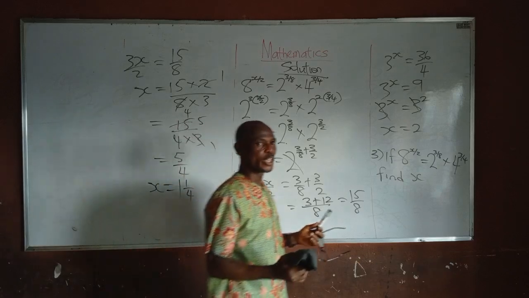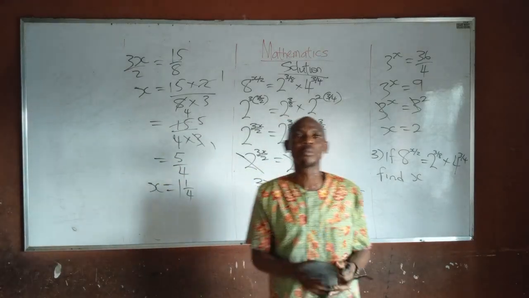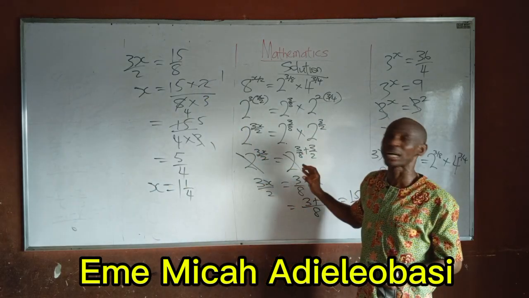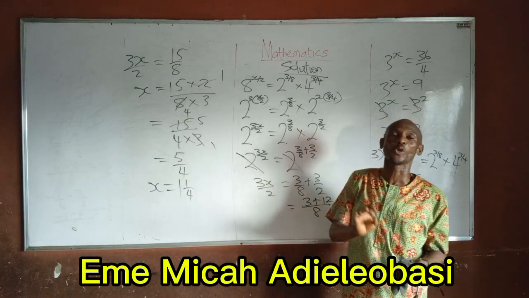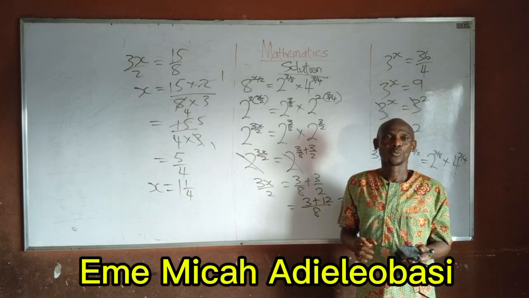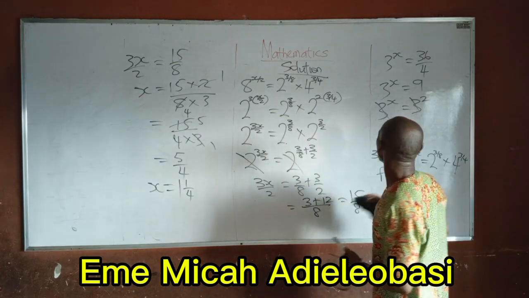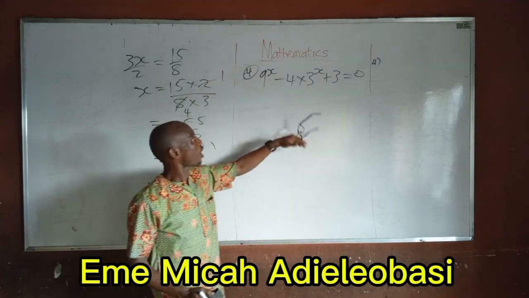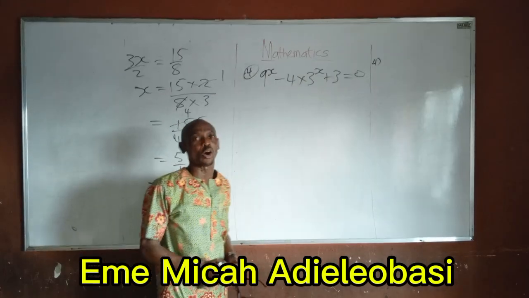There are times equations in index form can move you into another topic in mathematics. Most times they move you into quadratic equations. We are going to look at one more example. Let's look at a question like this. This is index work also in equation.